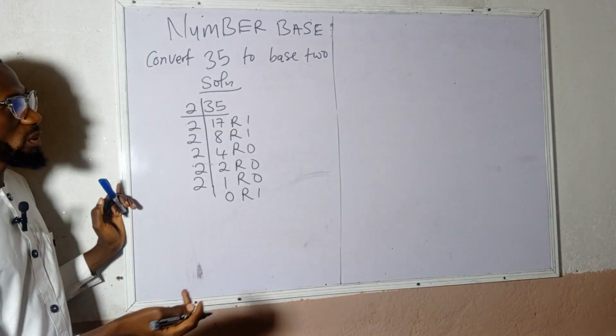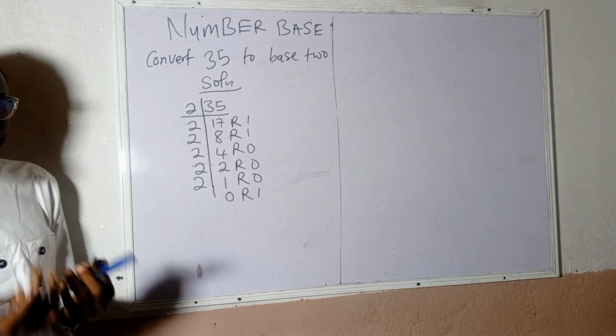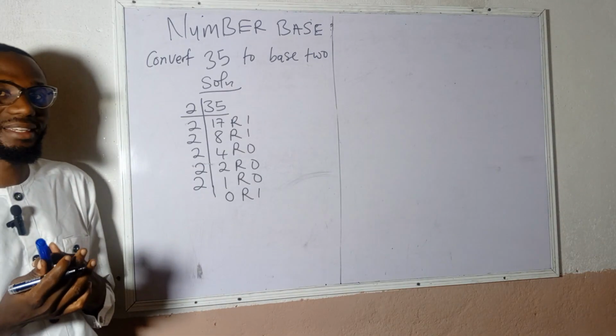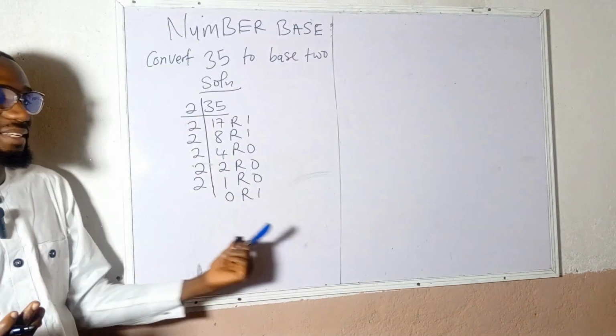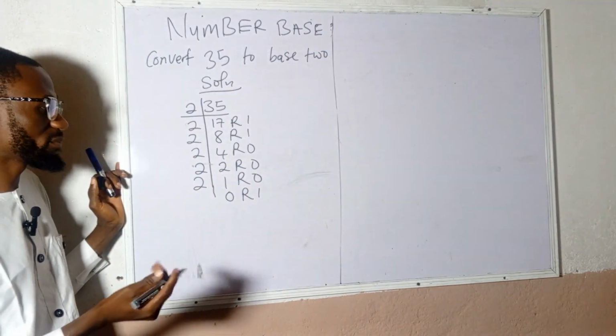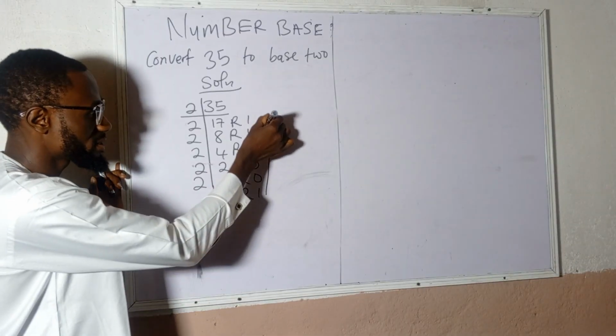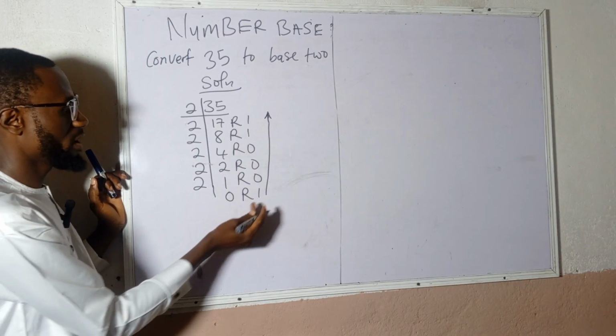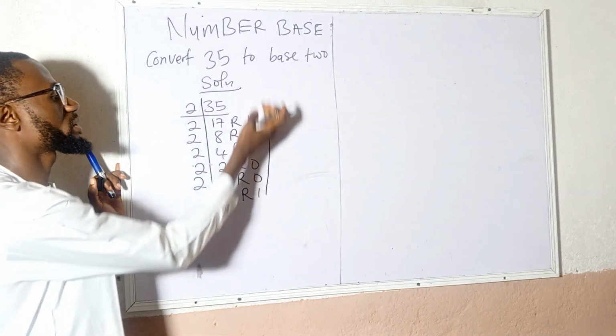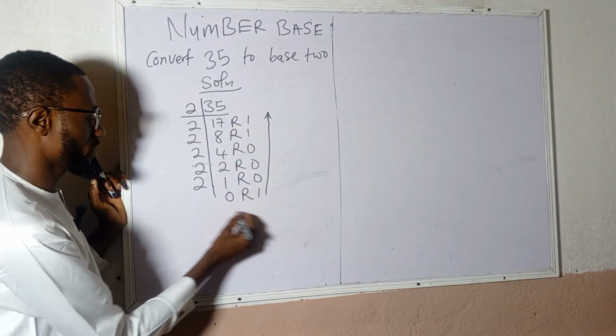Then in finding the binary number, we're always considering what? The remainders. We are considering the remainders, that is, the remainders that are there. I'm going to take them from down to upwards.